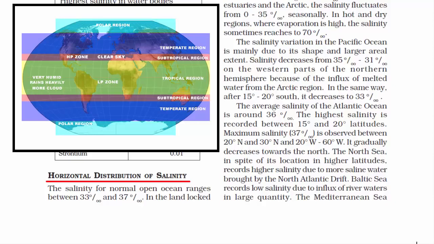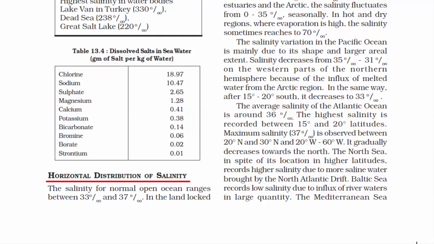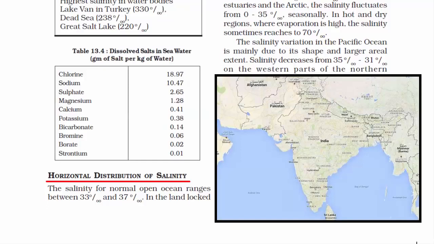This leads to low levels of salinity. Let's look at the Indian Ocean. The low salinity trend is observed in the Bay of Bengal due to the influx of river water by the river Ganga. And if you see, most of the rivers in India drain into the Bay of Bengal. On the other hand, the Arabian Sea shows higher salinity due to high evaporation and low influx of fresh water.